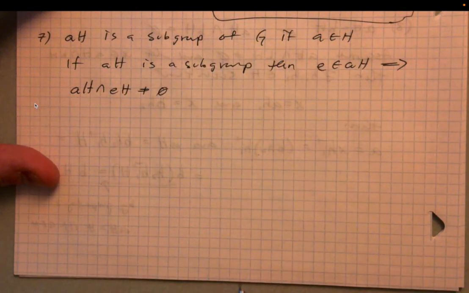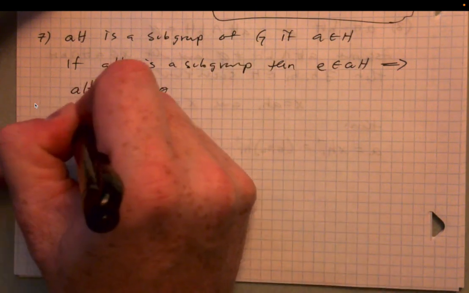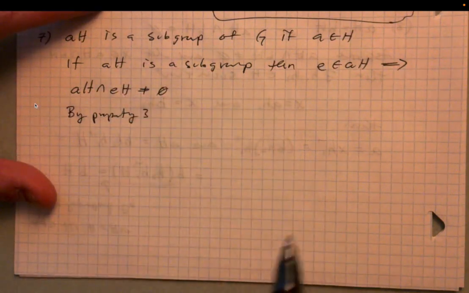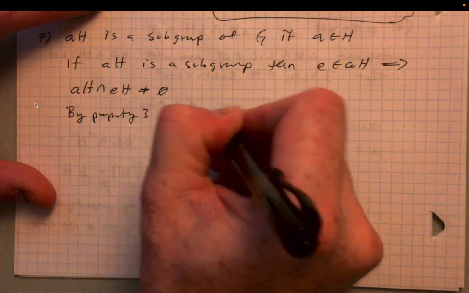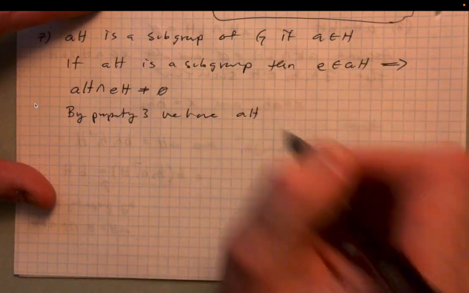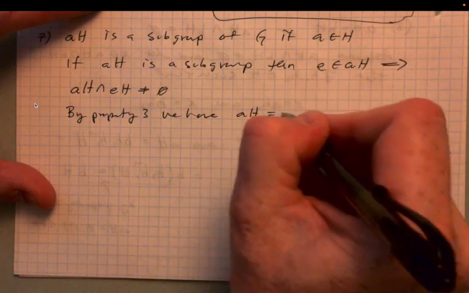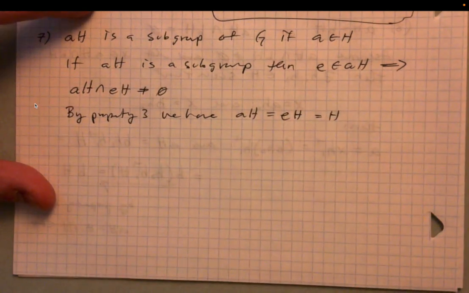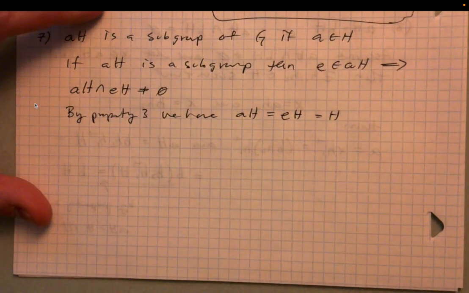Okay. And then by property 3, we have AH equals EH must be equal to H. Okay, because they're both from H.